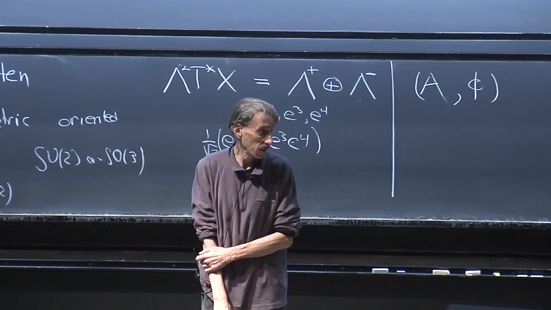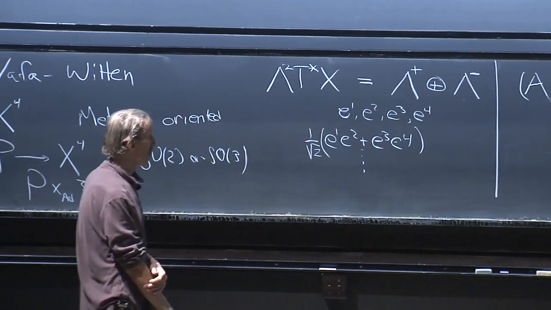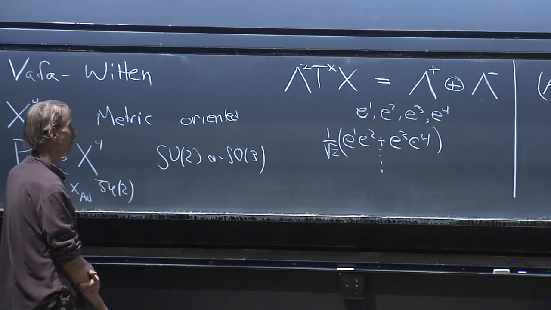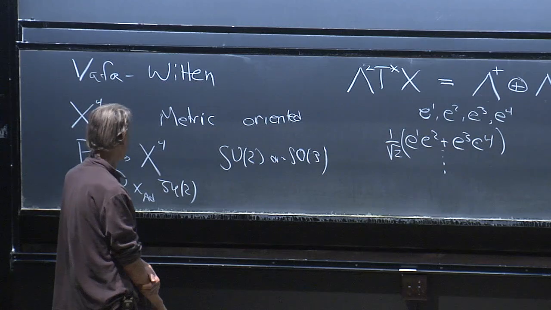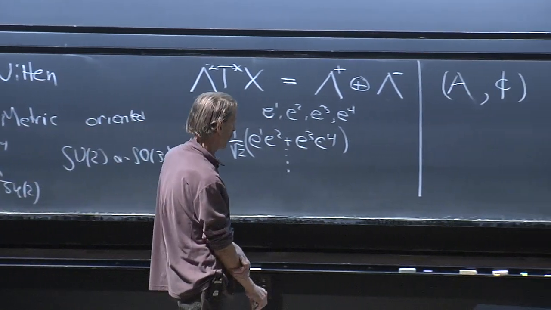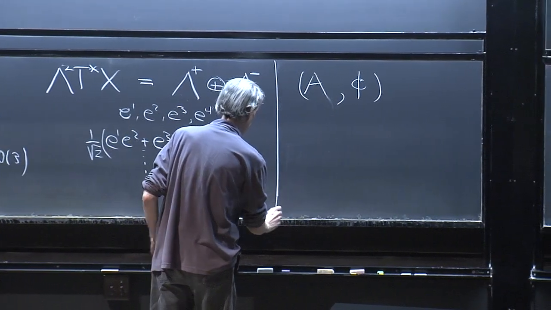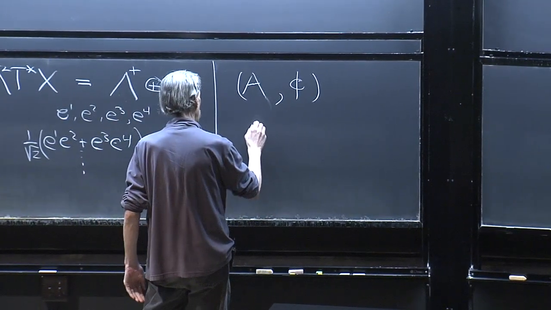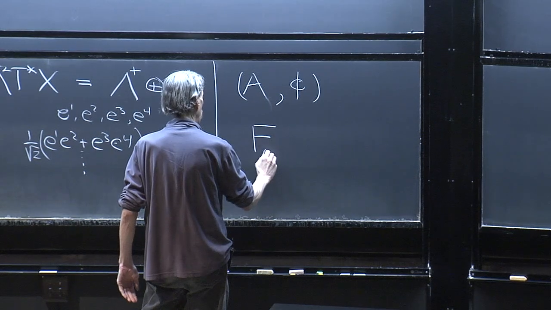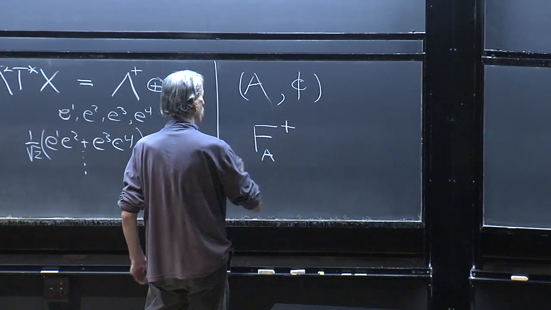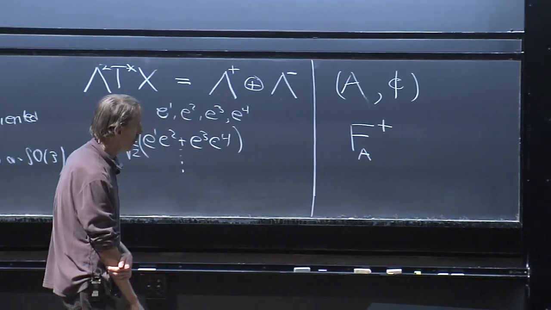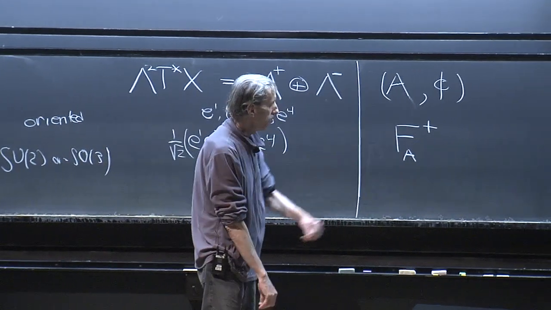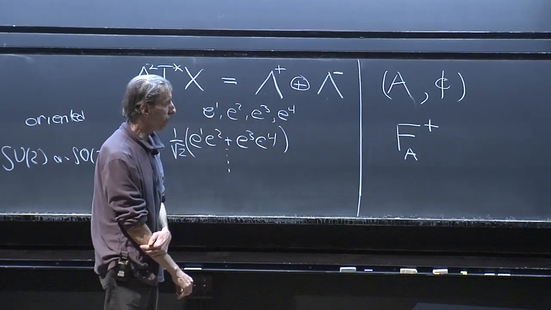You can think of phi as a kind of Higgs field. And these are generalizations of what people call the Higgs equations in dimension 2. And the equations are this. There are 2 equations. You look at the self-dual part of the curvature of A. I put a plus up here to indicate that it's the self-dual part.